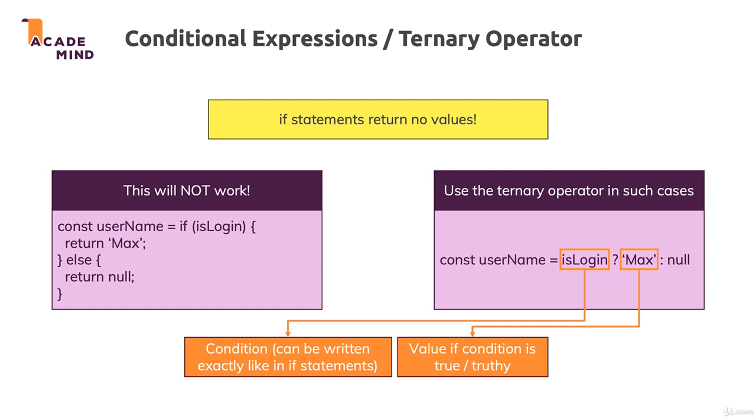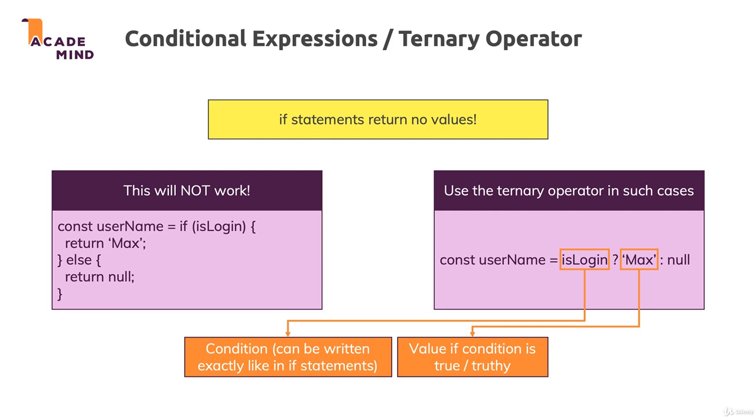You don't put more complex code here, not multi-line code, not multiple expressions. You can't use an if statement here or define a new variable here. Instead, here after the question mark, you need some value that could be stored in a constant or a variable in any other place as well.